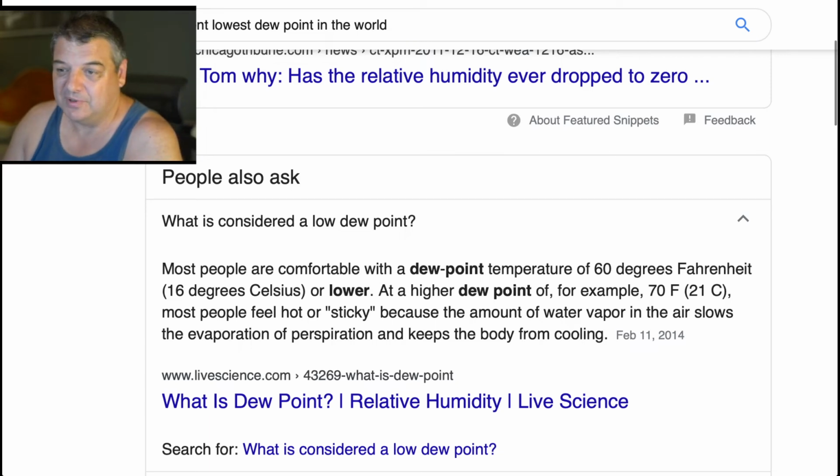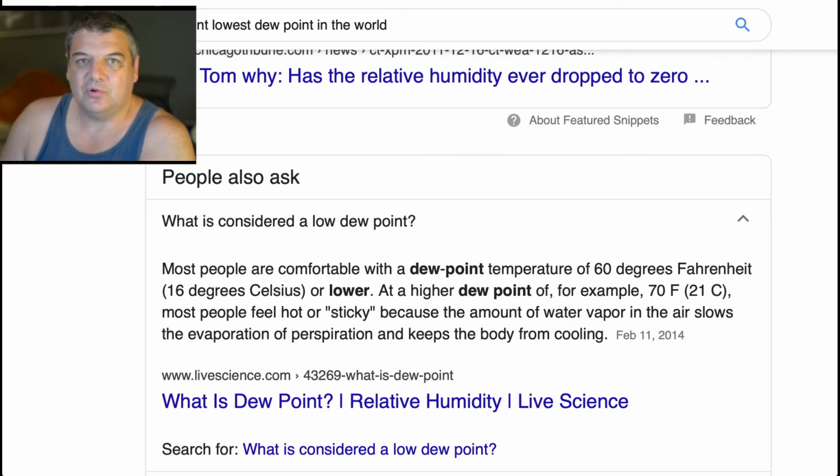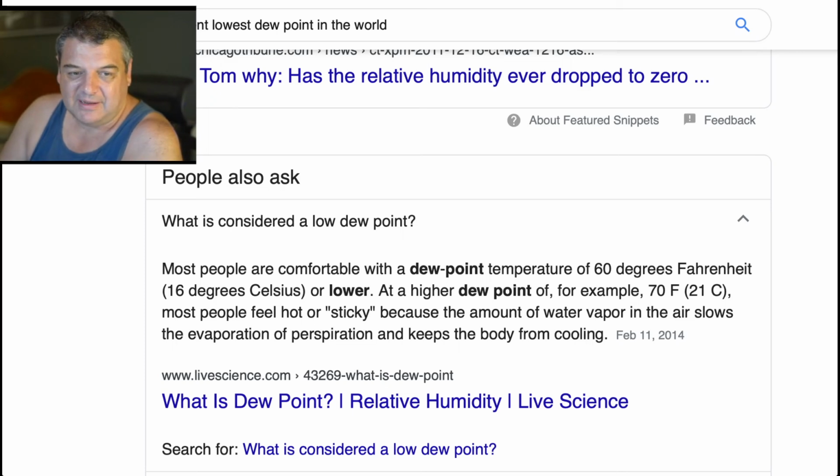Yeah, that's another good point as well. And that's why evaporative coolers don't work when there's a high dew point, because the air is too saturated for that temperature, and you won't get any evaporation from the air conditioner, and therefore it won't cool the air.